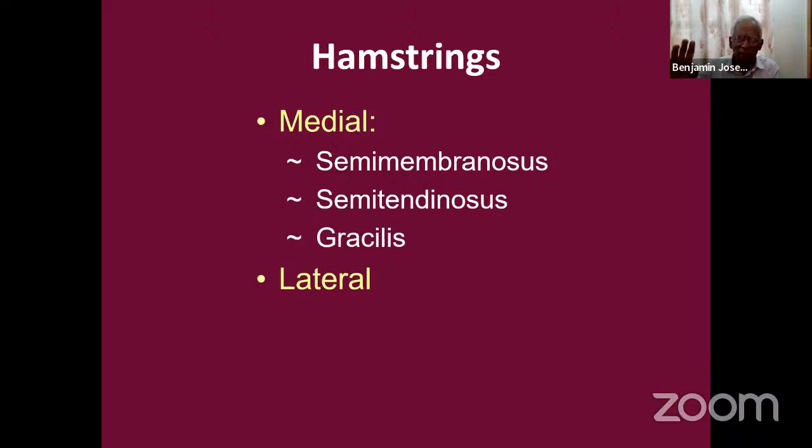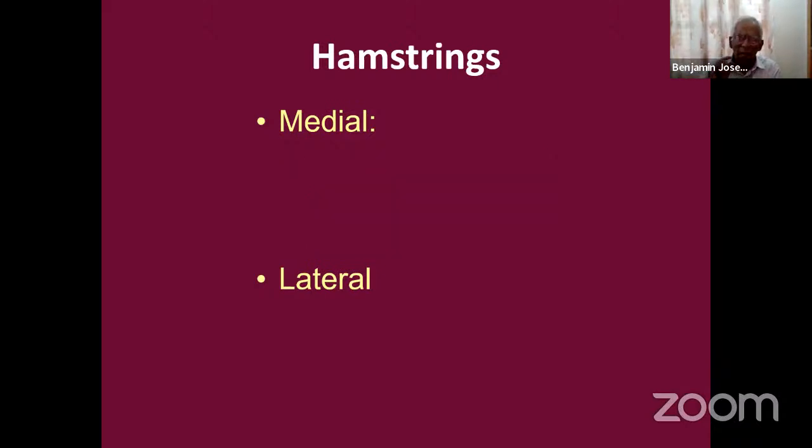May I interrupt? Yeah, please. Regarding the gracilis and the adductors, I have not actually come across a situation where gracilis alone is contracted and the adductors are not. I've not seen a clinical scenario. And also, I was taught that when you do an adductor release, always release the gracilis.